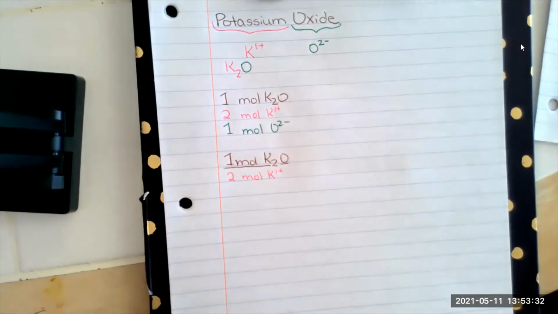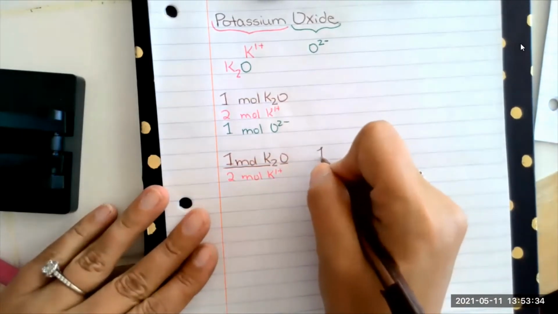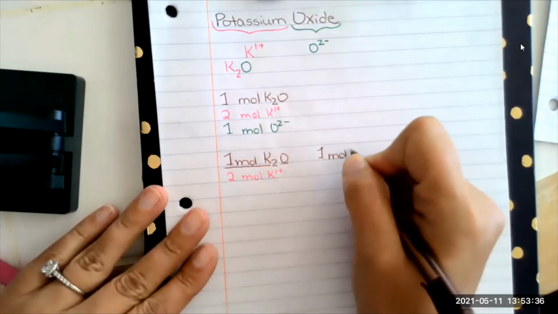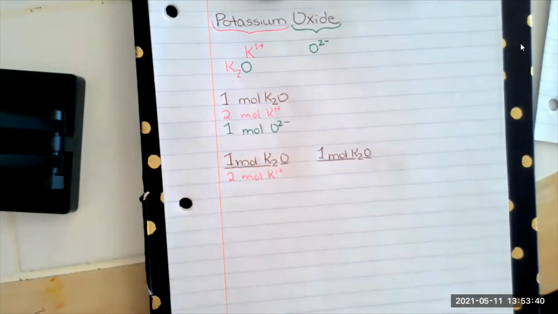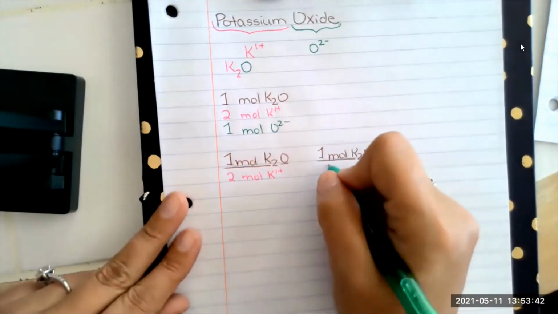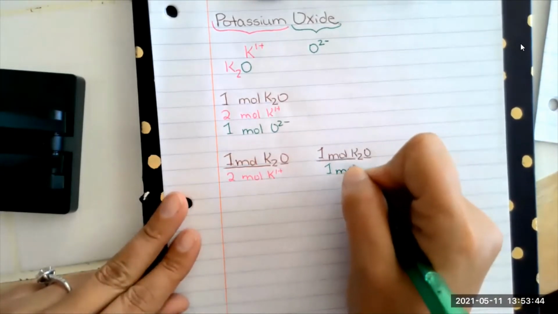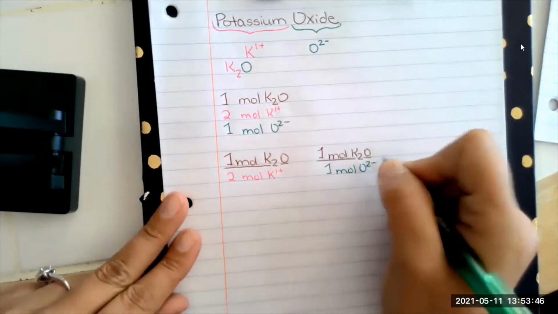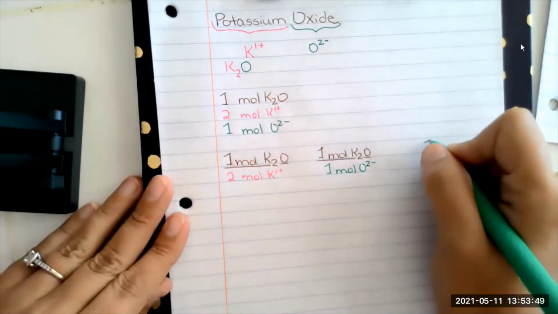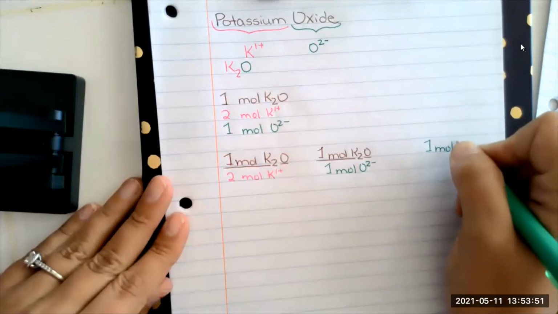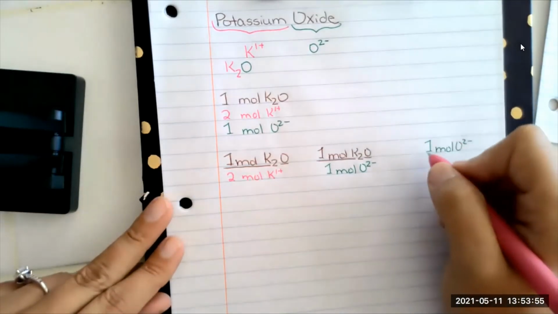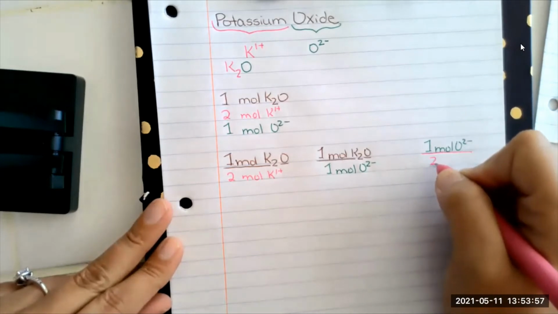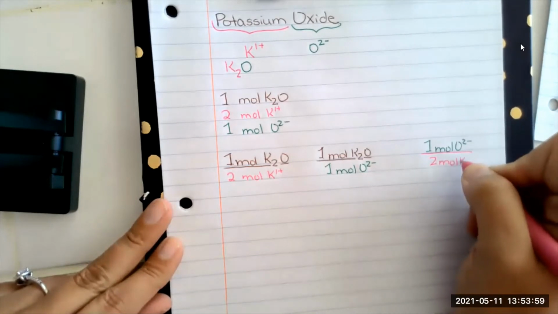You have 1 mole of potassium oxide for every 1 mole of oxide. And you have 1 mole of oxide for every 2 moles of potassium. I'm sorry, I misread that.